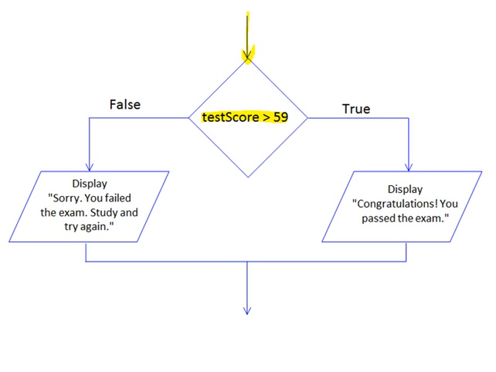If the Boolean expression is false, however, the program follows this path of execution, which leads to an output operation displaying the message, "Sorry, you failed the exam, study and try again." And then the program continues along the path of execution.